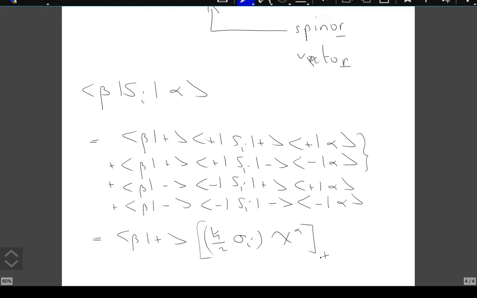How do I know that it is the plus component? Well, I am summing over the components of the chi alpha. What remains is the component of the matrix sigma. And the other two lines are nothing but h bar over 2 sigma I chi alpha, the minus component.